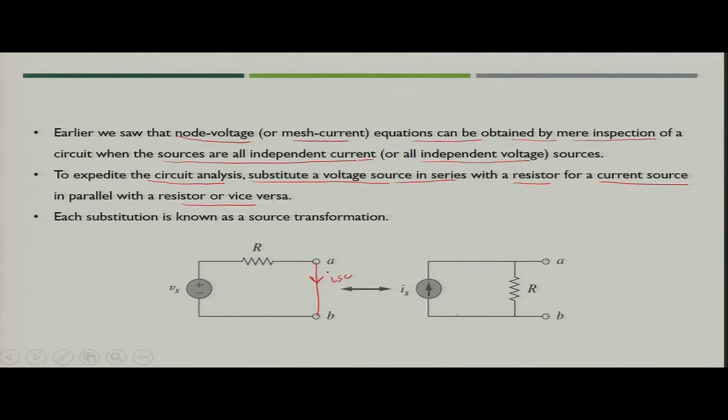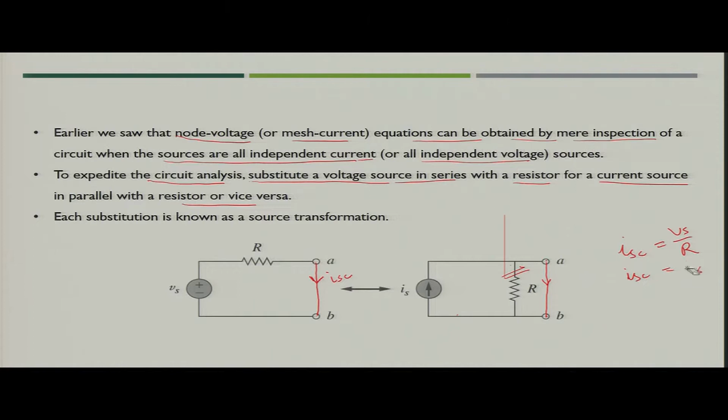Suppose it is ISC, so what would be the value of ISC? ISC would be simply Vs by R. Now, in the other circuit, if you short circuit A and B, the resistance will be neglected, so the short circuit current flowing from A to B would be equal to Is.